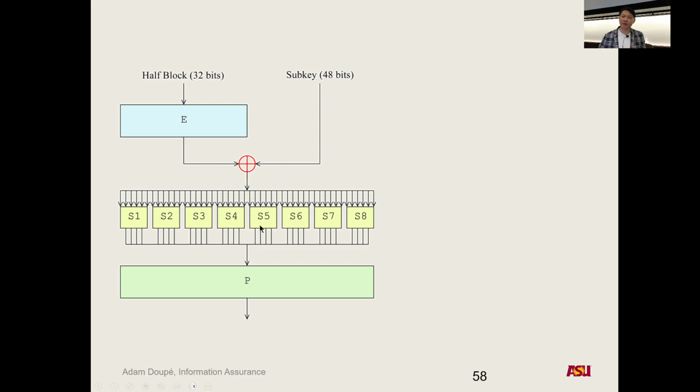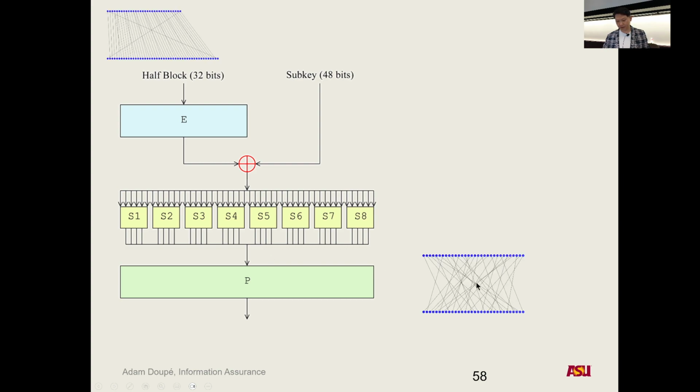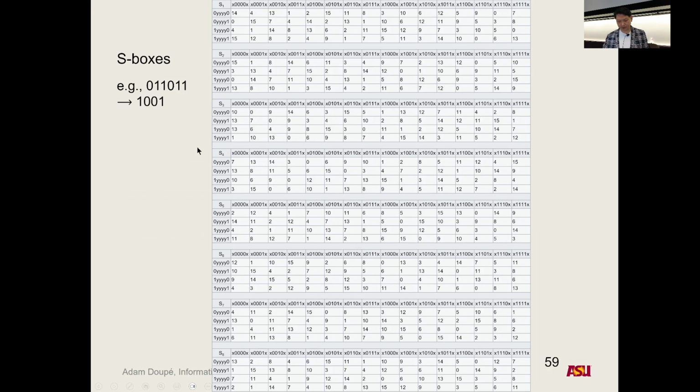S-box means substitution. Based on specific tables, they are substituted, the location changes, and then this is the permutation matrix. So for an S-box, let's say the input value is 0, 1, 0, 0, 0, 0, 1, 1, 0, 1, 1.